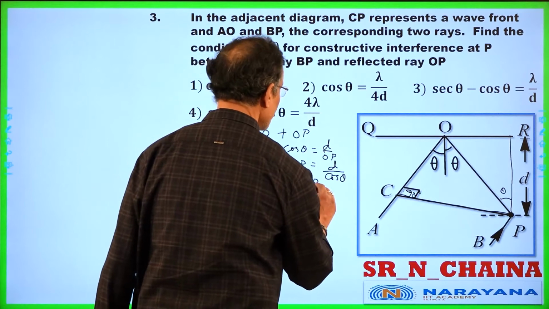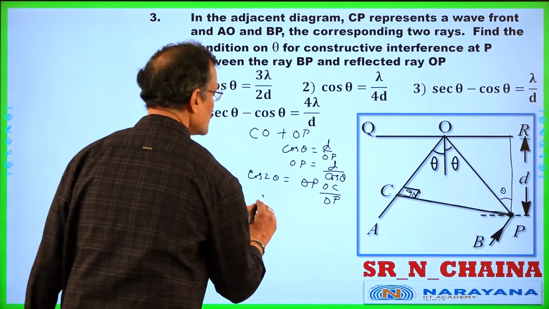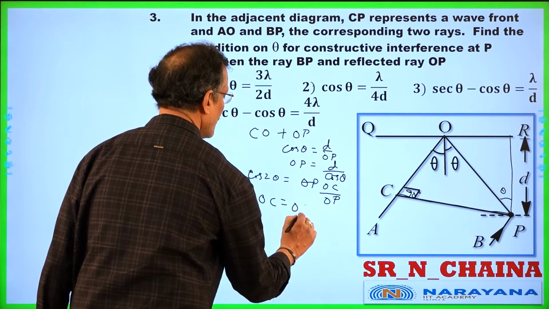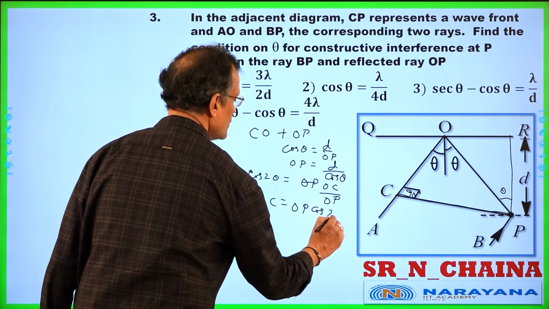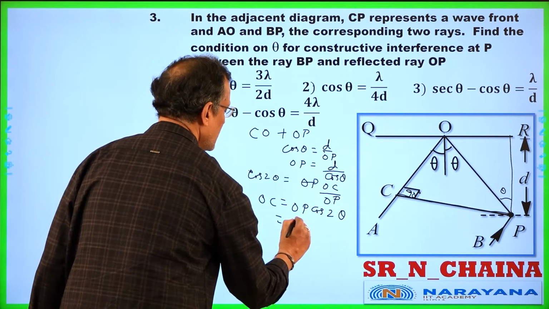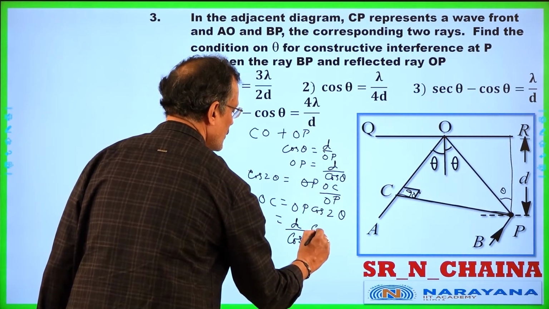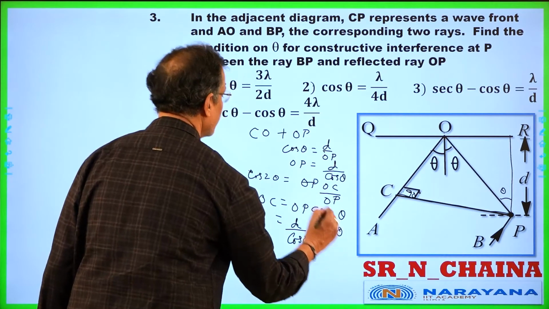So cos 2 theta will be OC by OP. So OC will become OP cos 2 theta. OP is D by cos theta and this is your cos 2 theta.